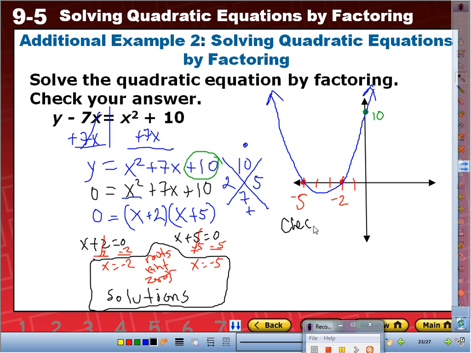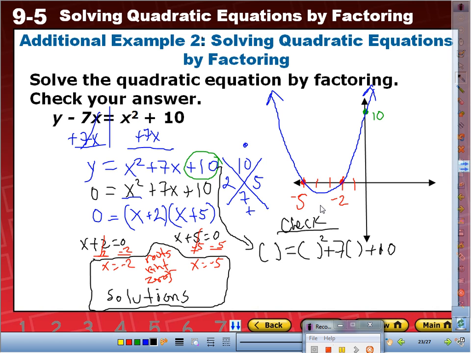Check. I rewrite this equation, the one that has the y in it. But instead of y, I open parentheses equals parentheses squared plus 7 parentheses plus 10. So now, I can check using these two.